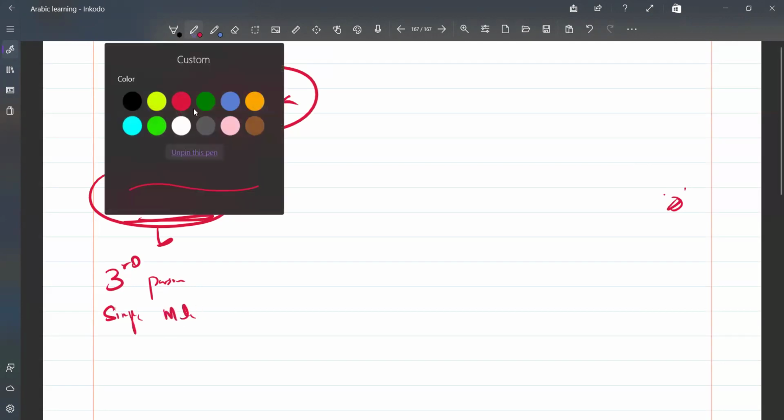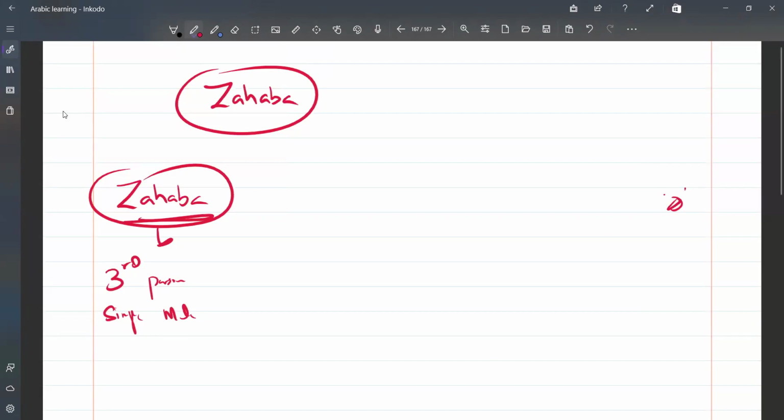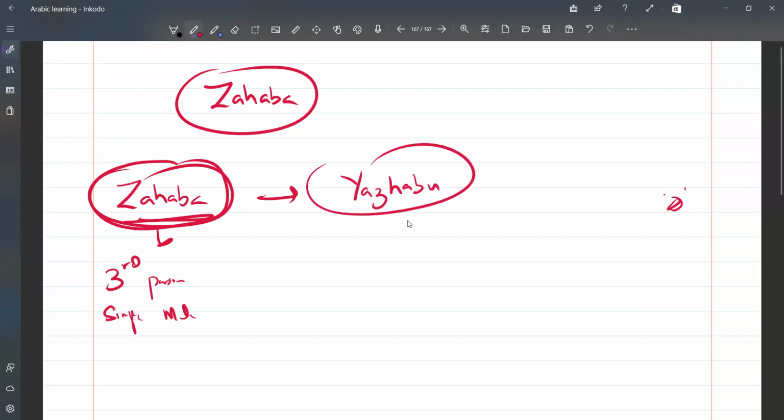So dhahaba is the starting variation of the past tense, and yadhhabu, we have learned, is the third person single male variation for the present tense.